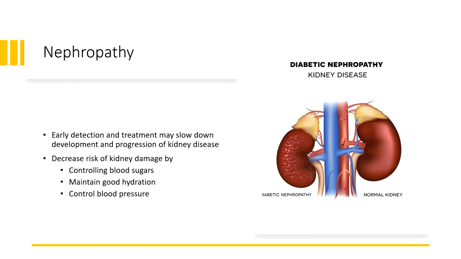If they are diagnosed as a type 2 diabetic, that is one of the labs that we will monitor closely to make sure there wasn't any kidney damage done during the time when they weren't diagnosed as a diabetic.